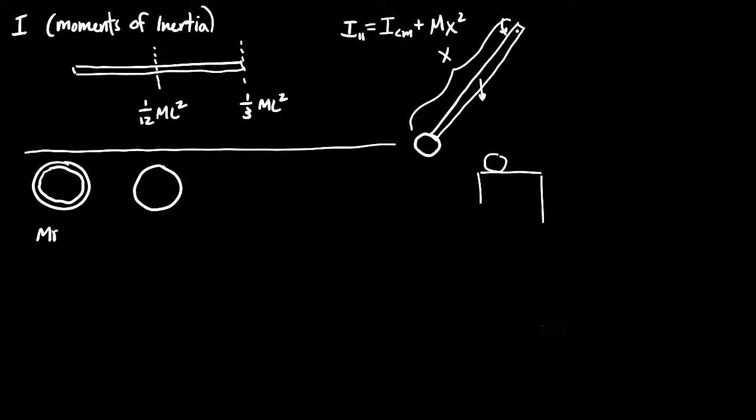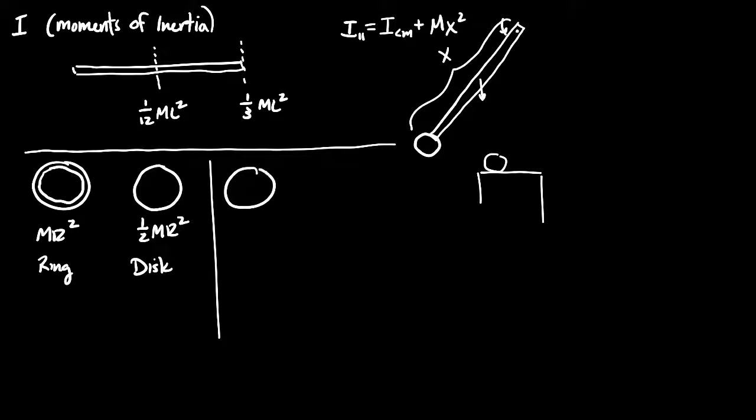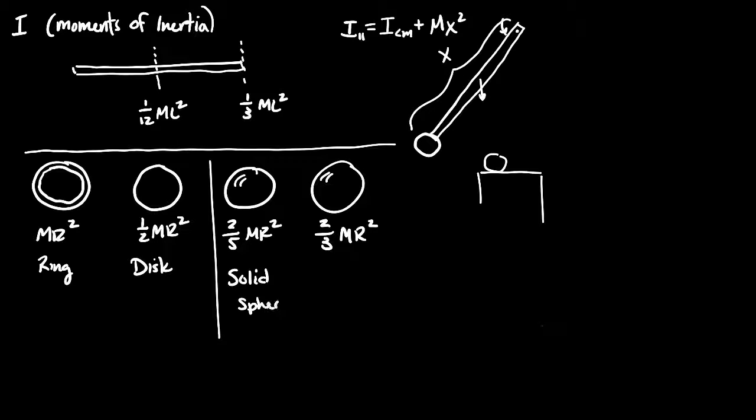Ring is mr squared, but a disk is 1/2 mr squared. But these are distinct from a solid sphere and a hollow sphere. So solid sphere, hollow sphere.